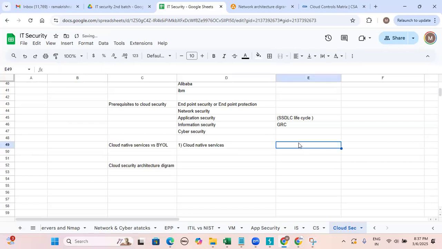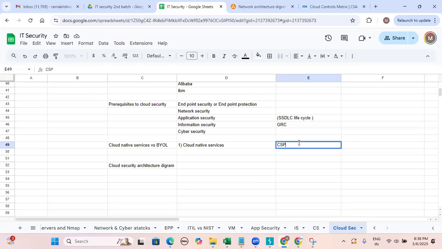Cloud native services meaning here, whatever cloud service provider, that may be Amazon or Azure or GCP or Alibaba or OCI or maybe IBM or Oracle and so on, they have inbuilt default services development. So those services, if you are using, we can call them native services or default services.